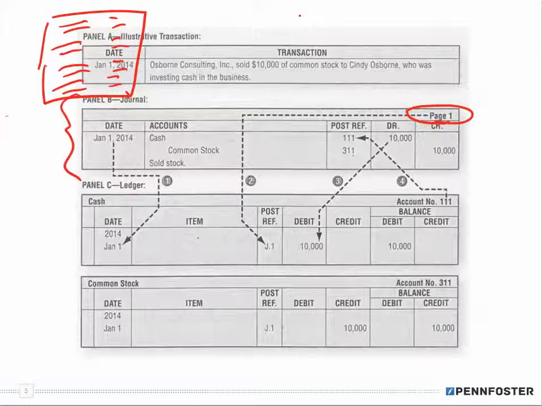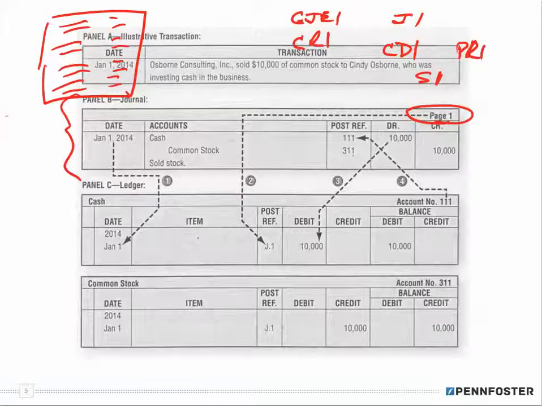A general journal can be GJE page 1, and you'll see why this is important, or just J1. If this was a cash receipt journal, my reference would be CR1, or a cash disbursement journal, CD1, or a payroll journal, PR1, or a sales journal, S1.